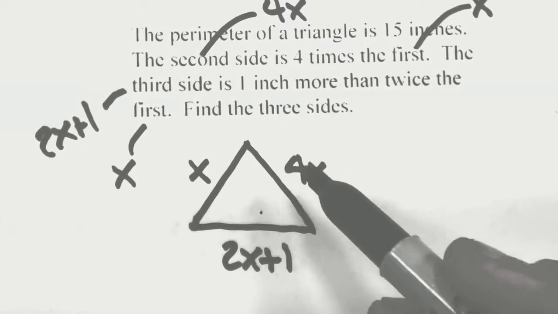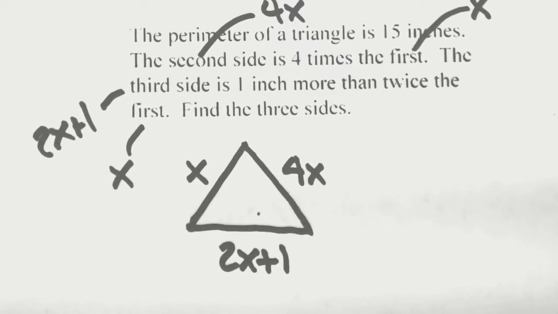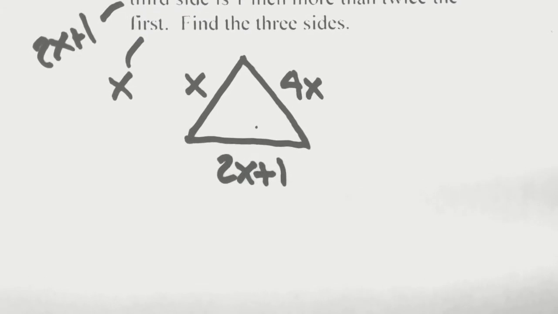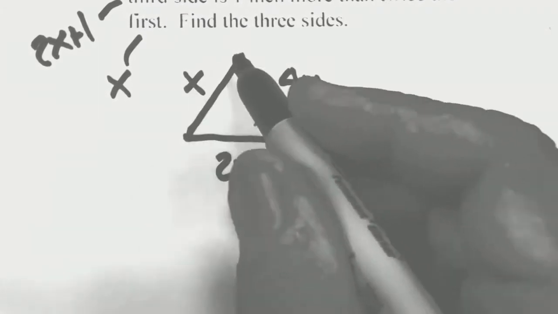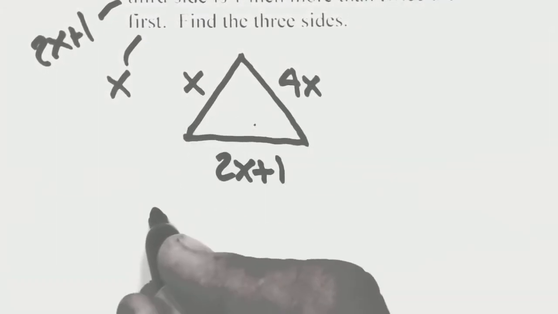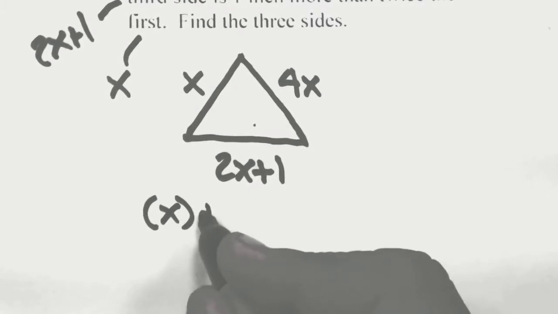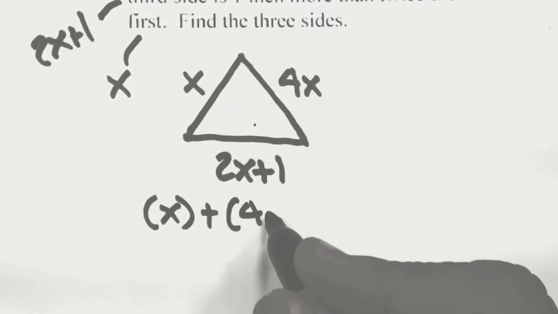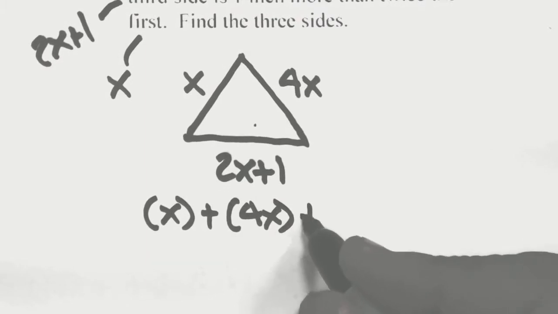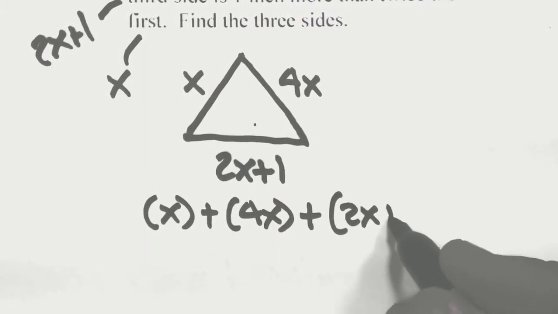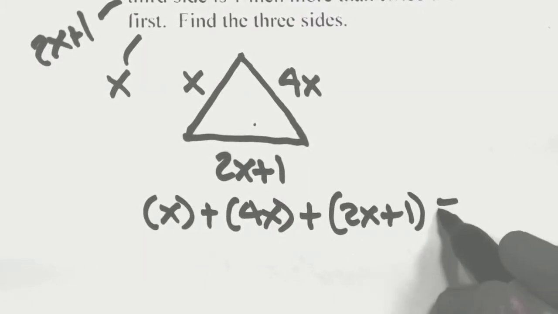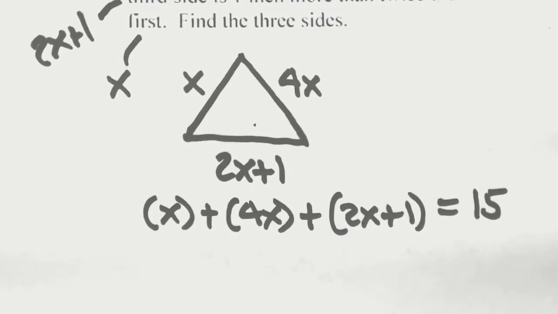Now, of course, remember they told us the perimeter is 15 inches. Let's make use of that. Perimeter means, of course, we've got to add all the sides up. So if I start with x here, I've got to add the next side, which is 4x. And then I've got to add the third side here, which is 2x plus 1. And that, of course, has to equal the total of 15.